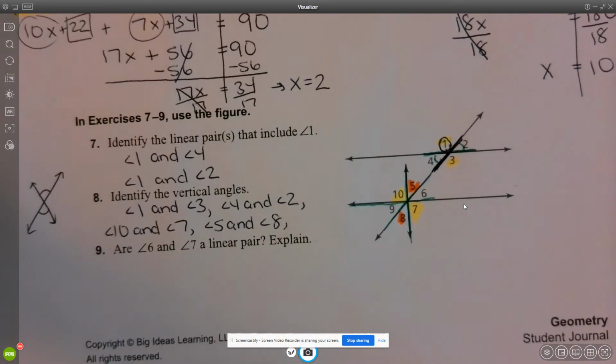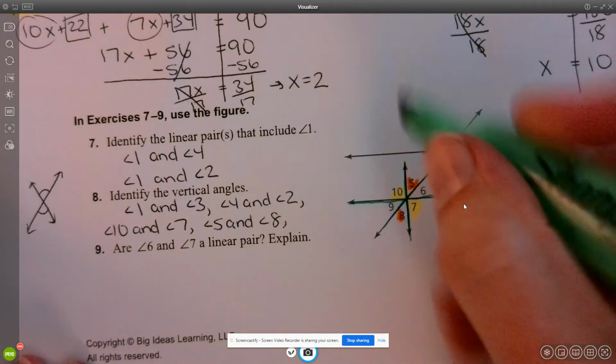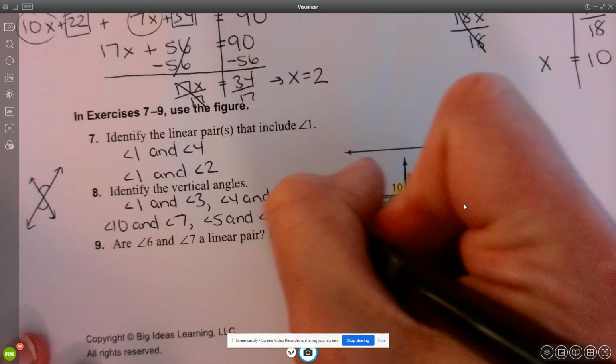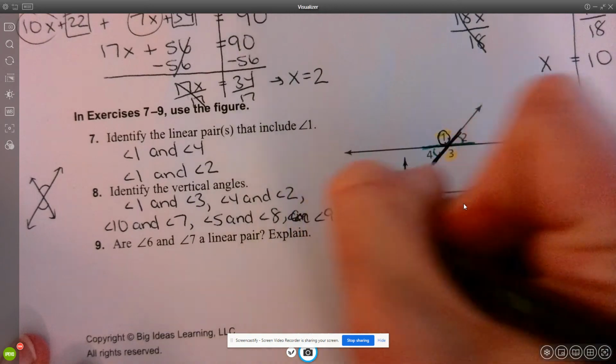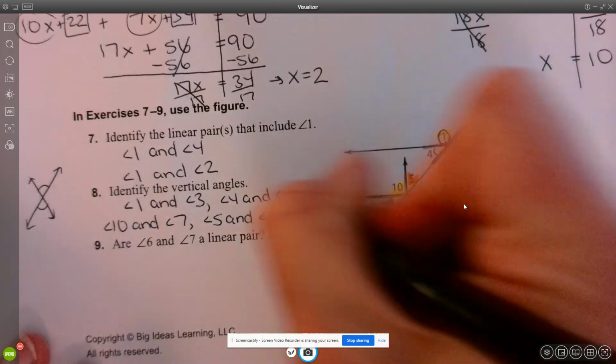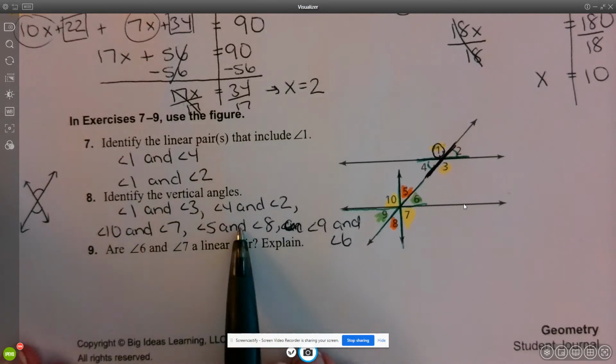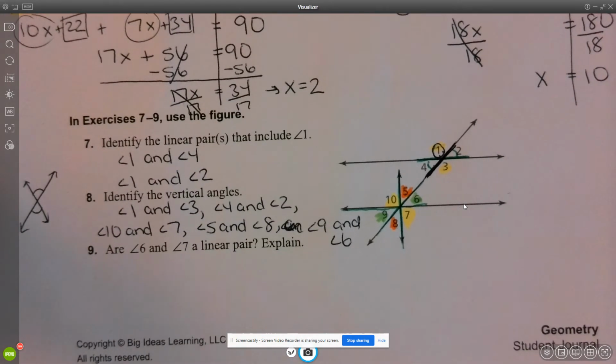And the last pair of vertical angles in my picture, I can see that angle 9 and angle 6 are opposite. So I just named, let's see, 1, 2, 3, 4, 5 different pairs of vertical angles.